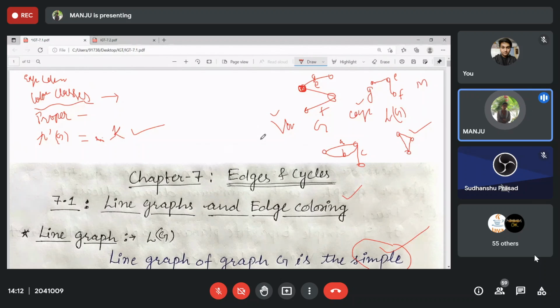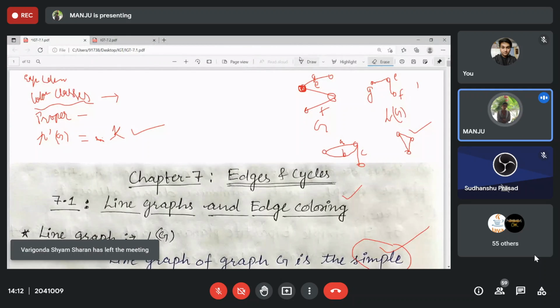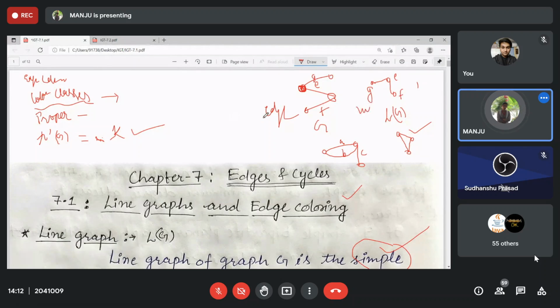Here it is edges and here vertices. I'm just considering the opposite. Here edge color classes, here vertex color classes. Here alpha dash will become the maximum independent edges.